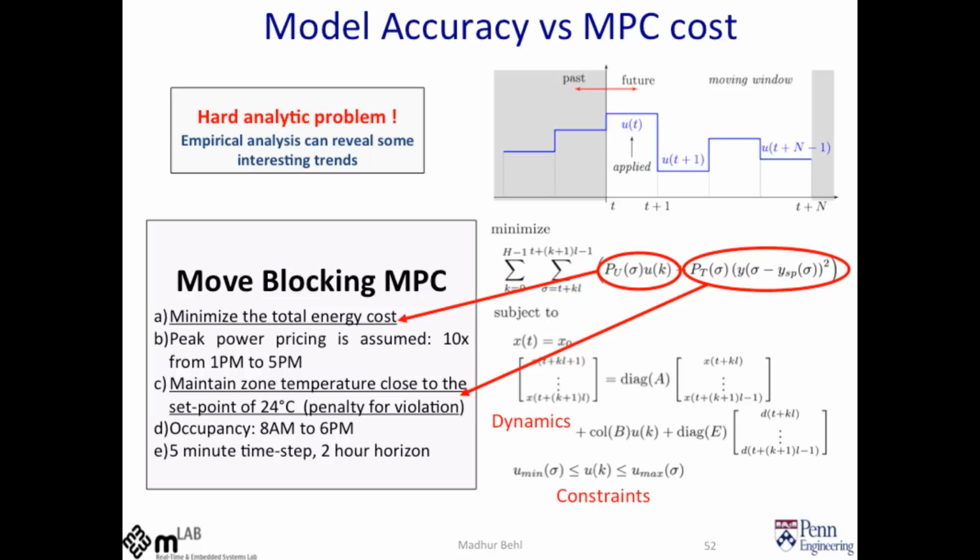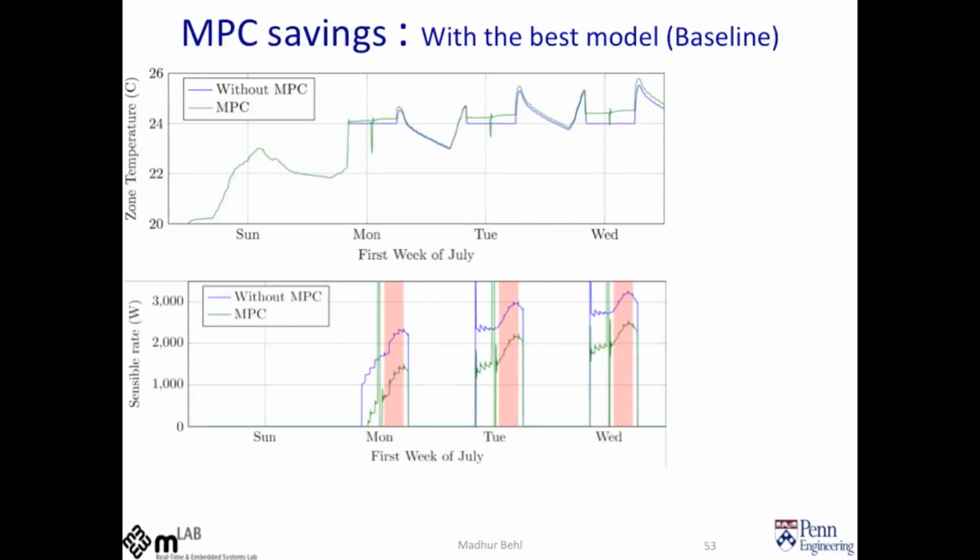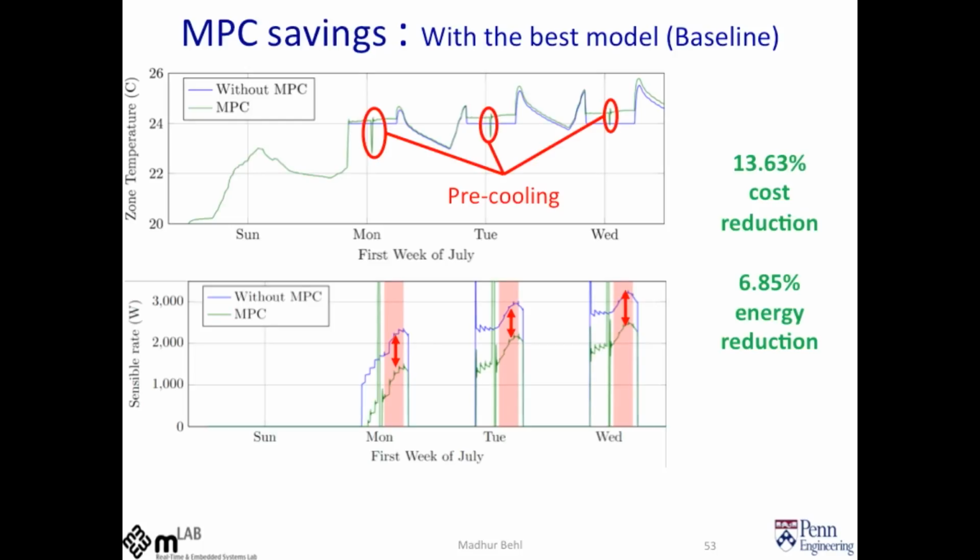Similar to the uncertainty analysis, even in MPC, we first evaluate the performance of this model-based controller with the best model, in which there was no artificial uncertainty introduced. And we can see that because the model has good predictive capability, it is able to pre-cool the building before the high price regions in pink begin. That is the reason why it's able to result in a 14% cost reduction.